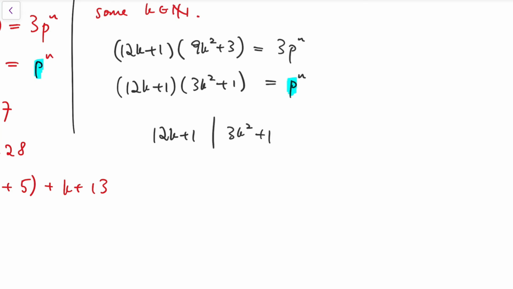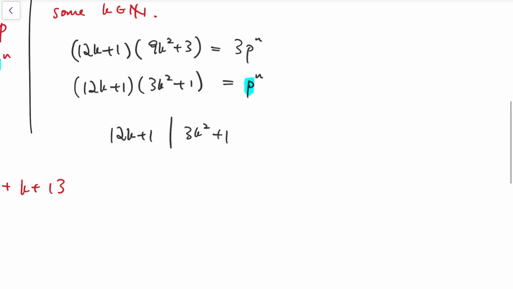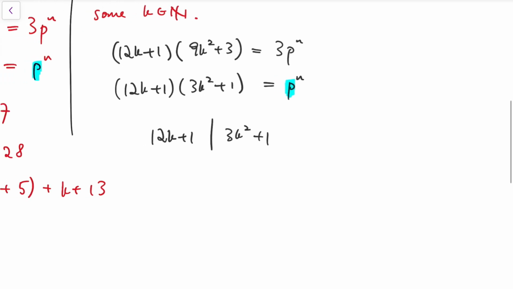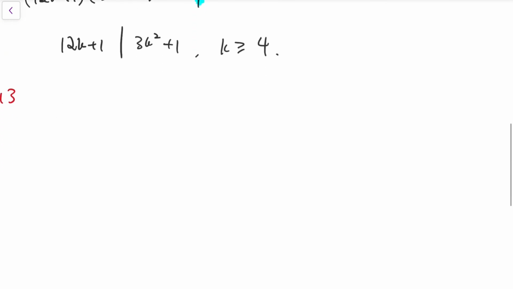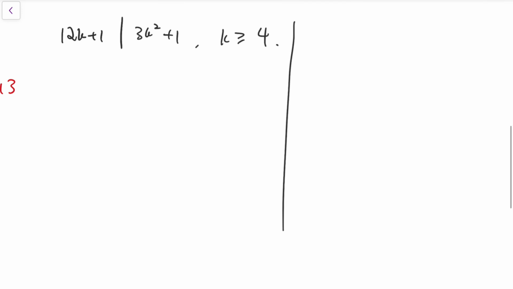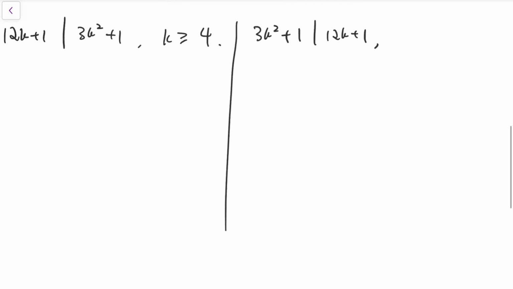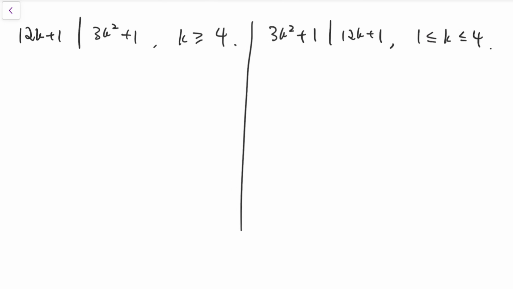So we can say either 12k plus 1 divides 3k squared plus 1, and this happens when 3k squared plus 1 is the larger part of this product. So from this we know this can only happen when k is at least 4. While for the other case, that would be the other way around. 3k squared plus 1 divides 12k plus 1, and this happens when k is between 1 and 4.